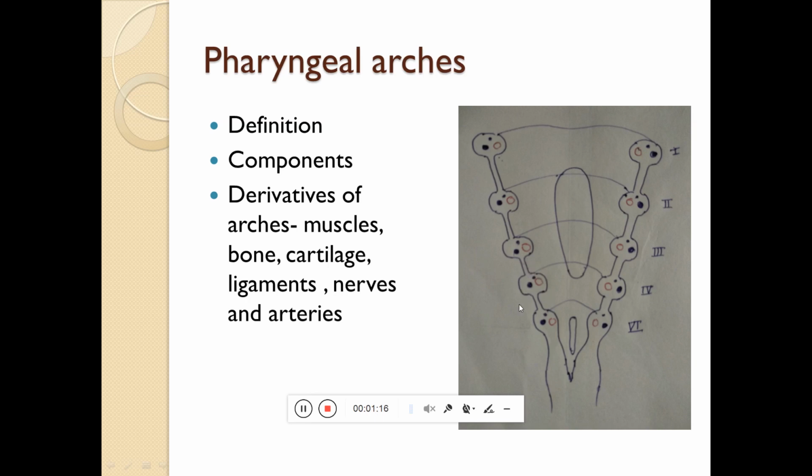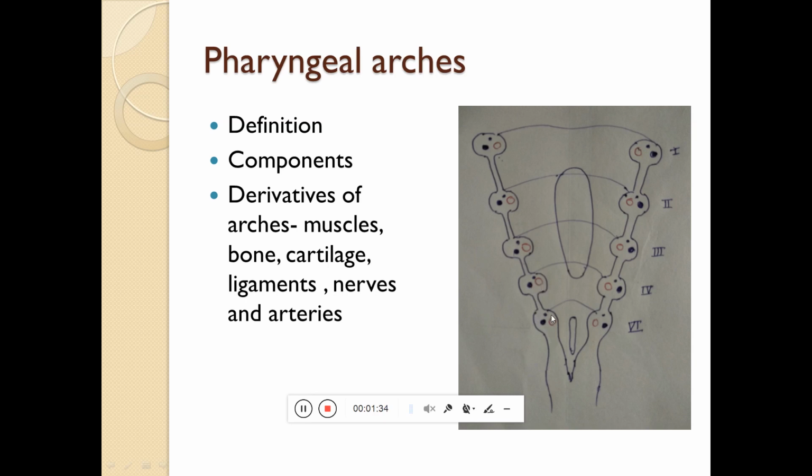If we consider the fourth arch, the muscles of the pharynx are developed from the fourth arch. The nerve of the fourth arch is the superior laryngeal nerve, a branch of the vagus nerve.